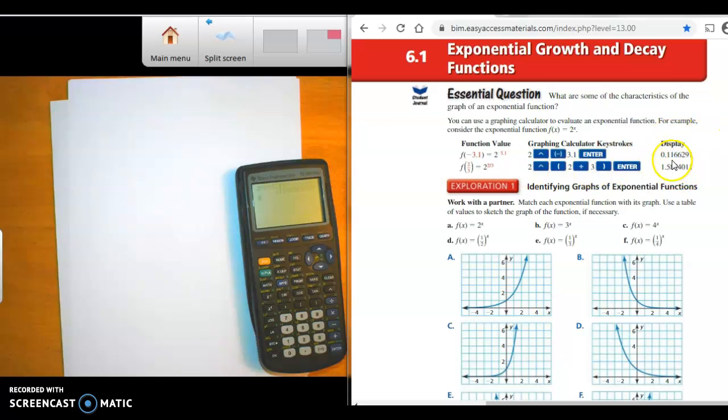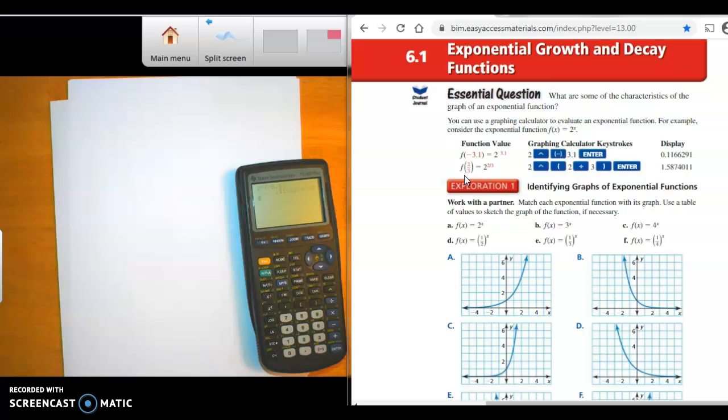You can round it to 7 decimal places or 2 decimal places. Rounded to 7 decimal places it is 0.1166291, and rounded to 2 decimal places it would be 0.12.